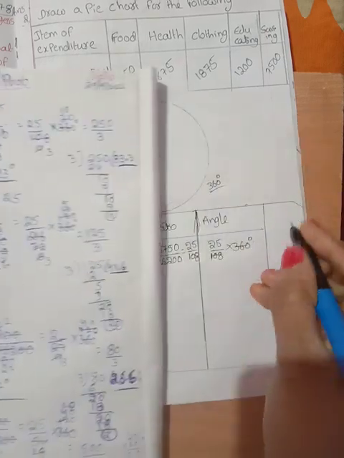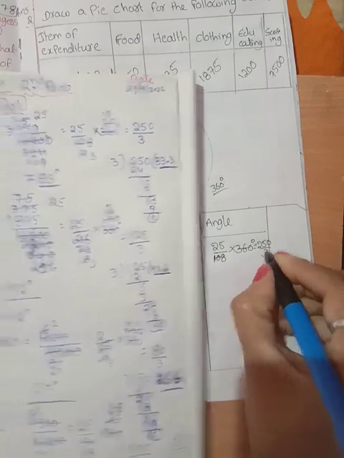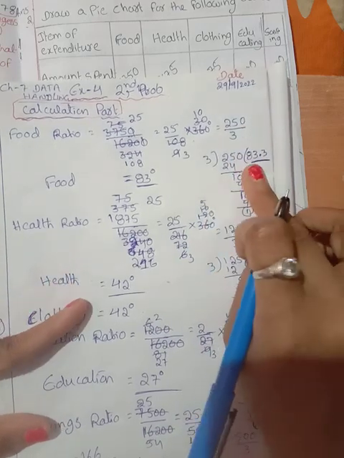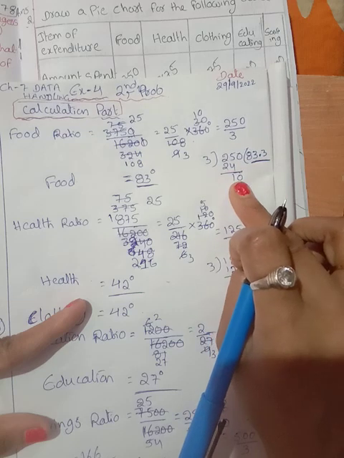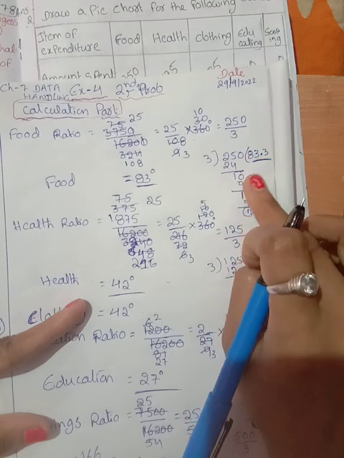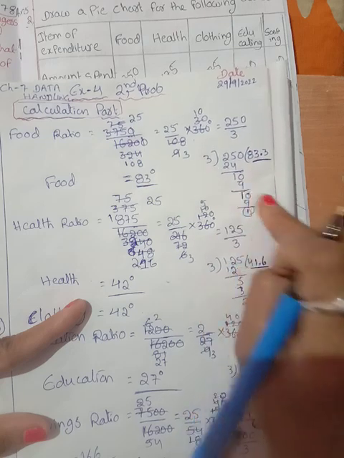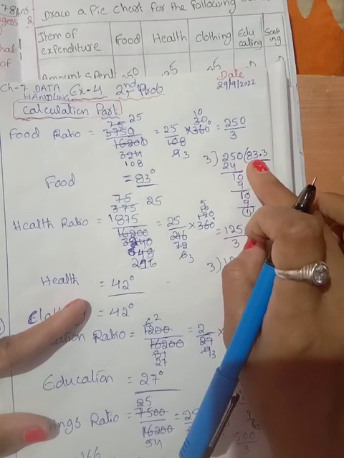So 225 by 3 only. So 225 by 3 is 83.3. 8 3 ja 24. So 1 0 and the next number is 10, 3 3 ja 9. So the remainder is 1 and next is the 0.3.